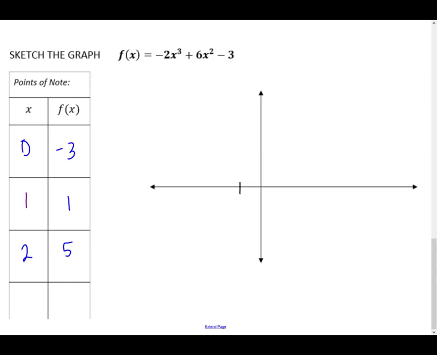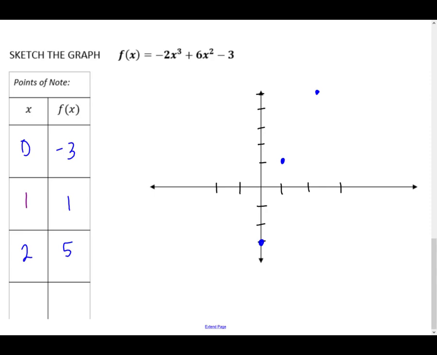So I'm just going to sketch this. I've got 0, down 3. I have over positive 1, up 1. And then I have right 2, up 5. So over 2, up 5. And you don't have to make your y-axis to scale.